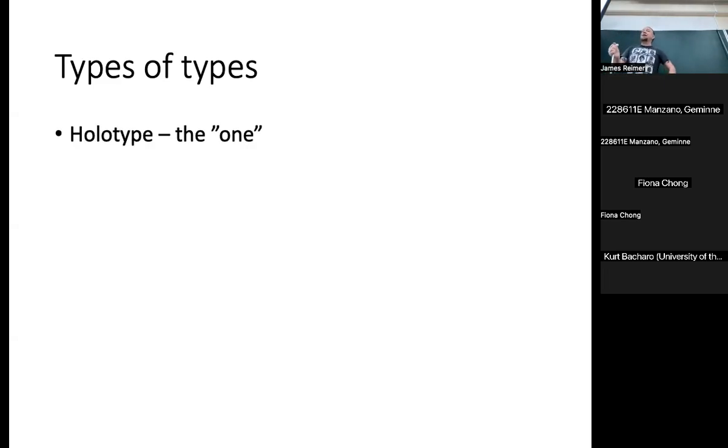This, for the species name, is the most important specimen. This is what you want images of from a museum. This is what you want information of. This is what you want DNA from. So if you find something new, you describe it, and you choose one specimen, holotype. You would say holotype, and then describe the holotype.